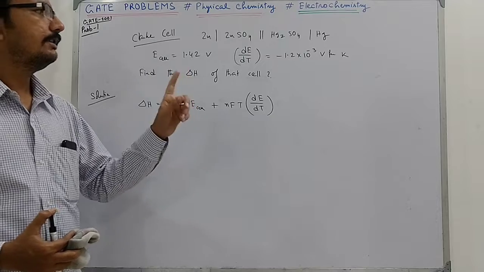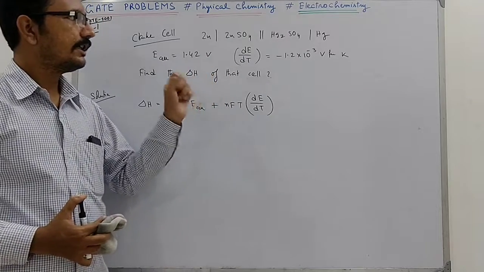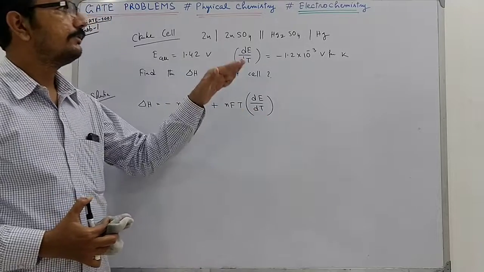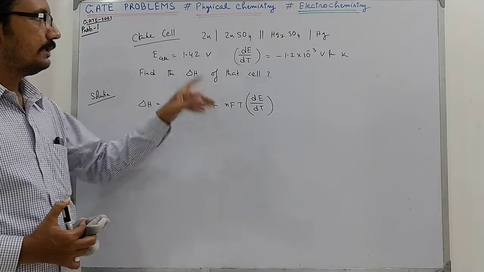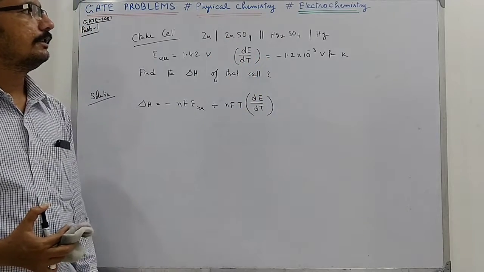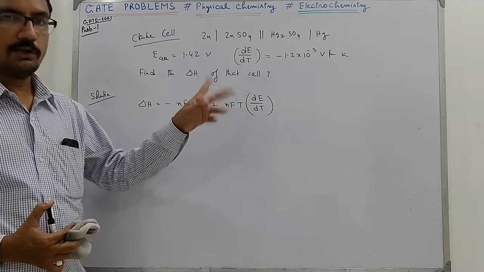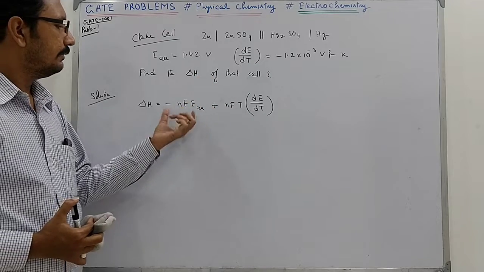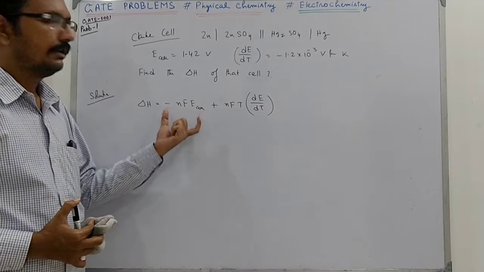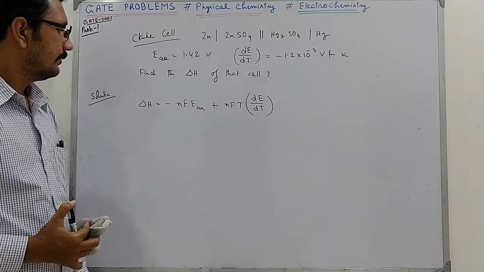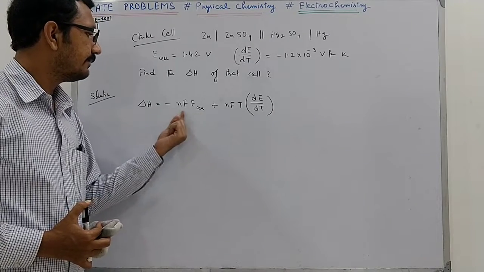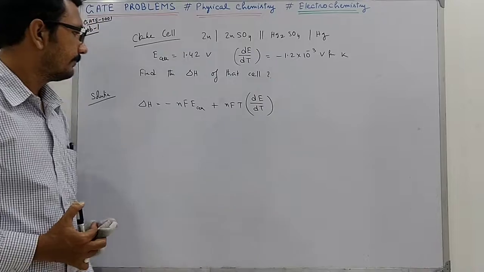I have described that electrical work in a galvanic cell is coming from the change in Gibbs free energy, and for that you must visit the playlist electrochemistry in my channel, and probably in lecture 2 or 3 I have described the philosophy of getting the electrical energy from Gibbs free energy change. So this is the Gibbs free energy change del G and it is equal to minus NF E cell.